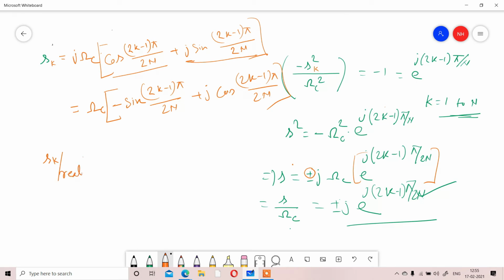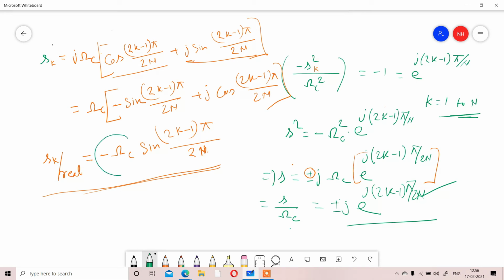The real part of sk is minus omega c sine (2k minus 1) pi by 2n. We are calculating the magnitude, that is mod h, so we will check the real part of sk. Whether that real part of sk is positive or negative will be defined as follows.